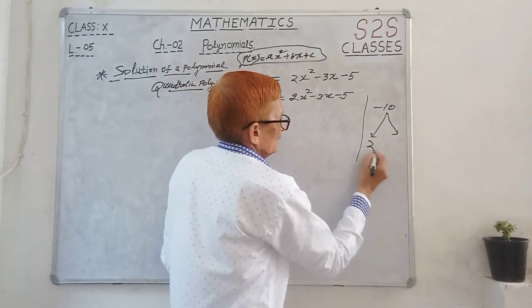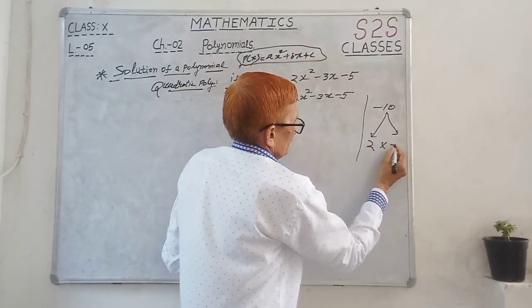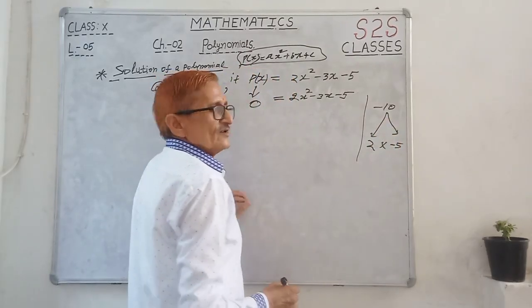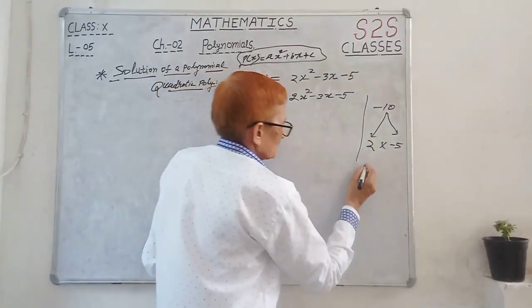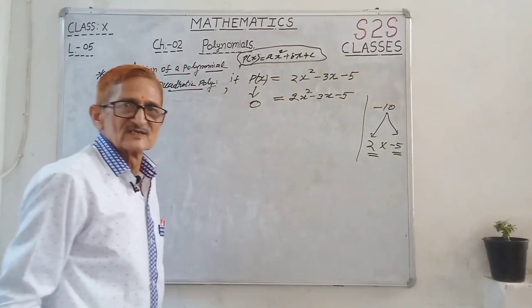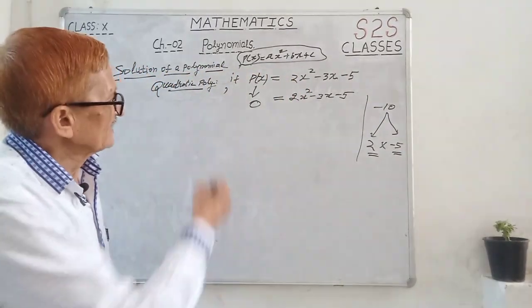So 2 multiplied by minus 5 gives product minus 10, and the sum of 2 and minus 5 is minus 3, which is b.